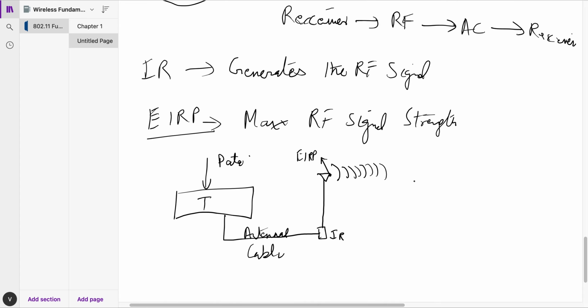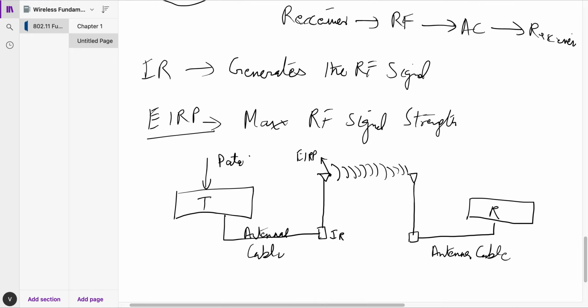Now, here at the receiver end, we have another antenna that connects to the IR and goes all the way to the receiver through the antenna cable.